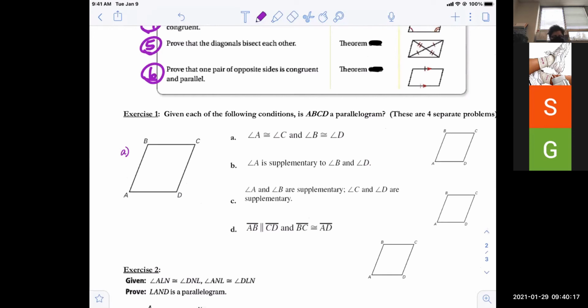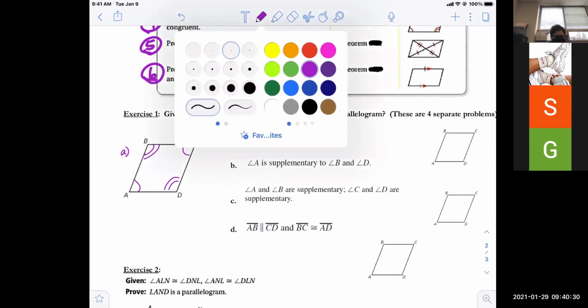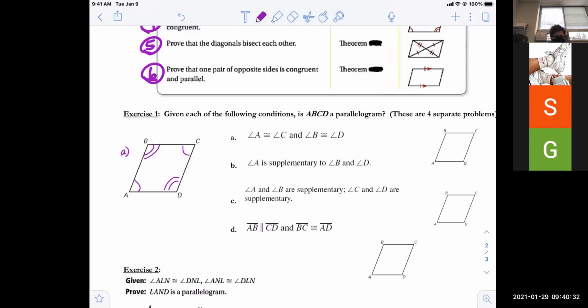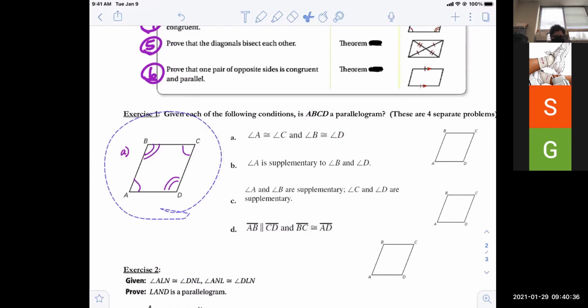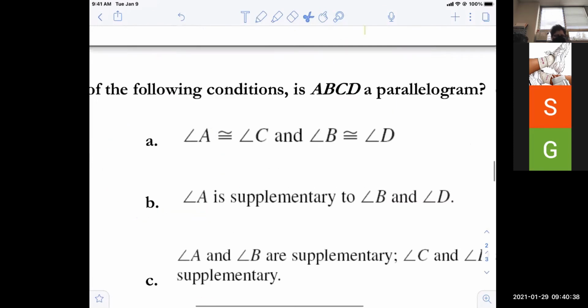Okay, so if I tell you that angle A is congruent to angle C and angle B is congruent to angle D, does that satisfy one of those requirements for being able to prove that it's a parallelogram? Yes. Okay, so who can tell me the statement of the theorem? I need an if-then statement.